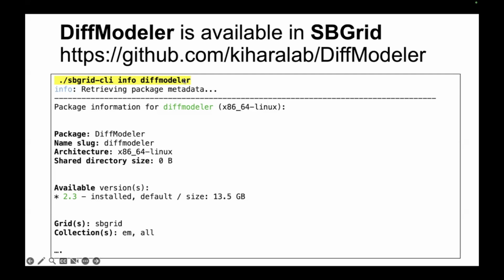Then it will show the availability on SBGrid. If you have already installed it, it should show the version, 2.3, installed. But if you haven't installed it, please try to install the code.